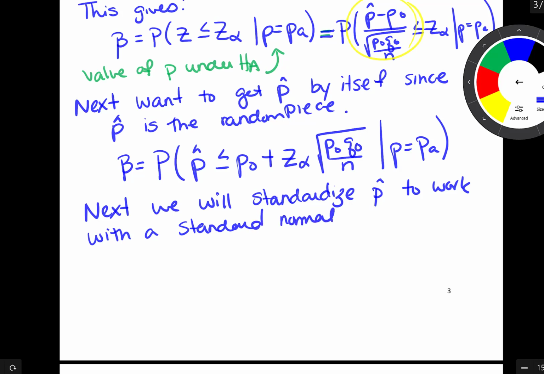And again, at this second standardization, we don't actually have to do this piece because software will allow us to work directly with the sampling distribution of P hat, but this is done so we can then, again, work with the standard normal if we needed to for computation purposes.